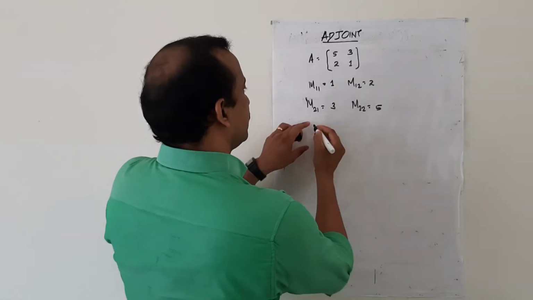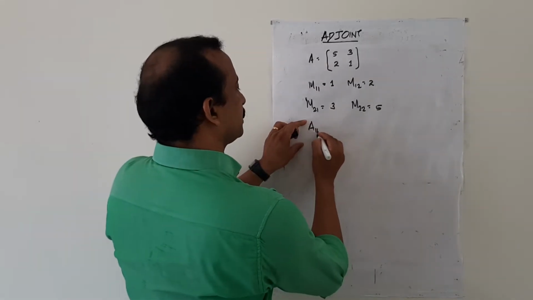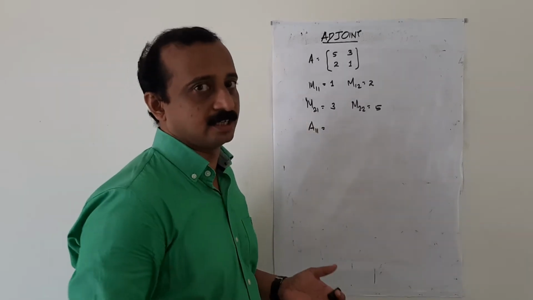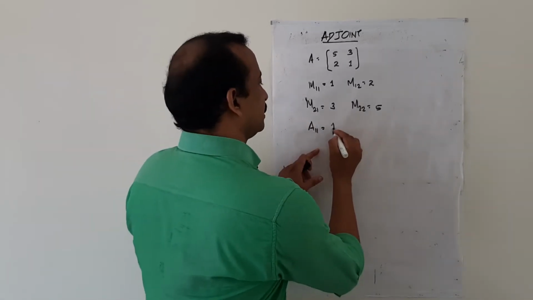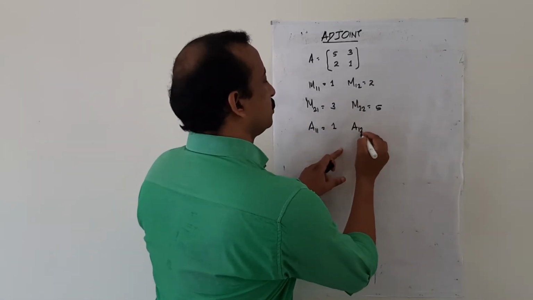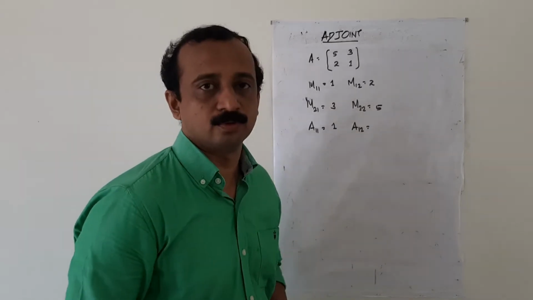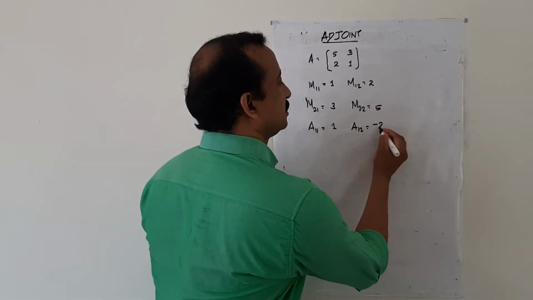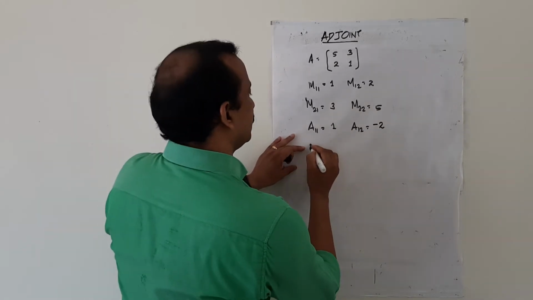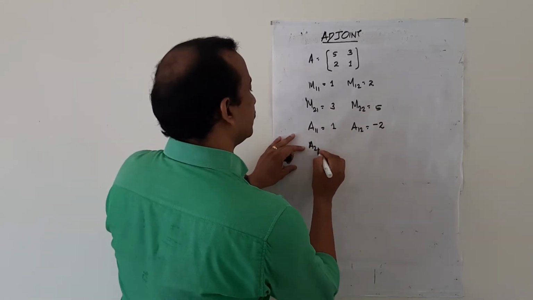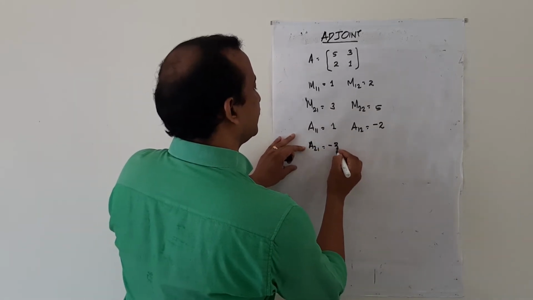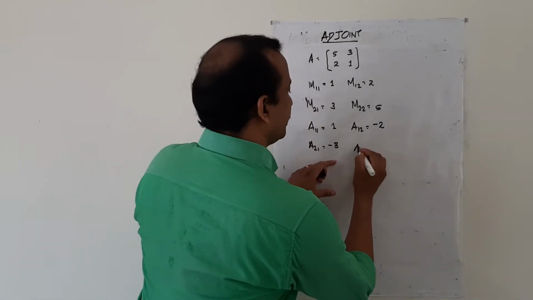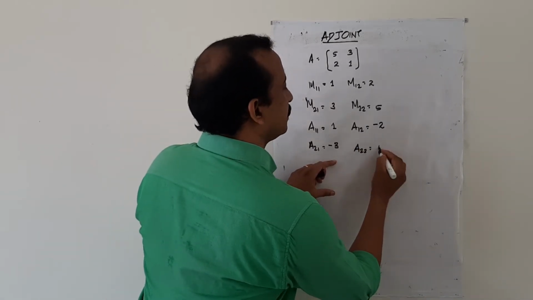That's a minor. Now, their corresponding cofactor, A11. 1 plus 1 is an even number, so we get the same minor. Then A12, 1 plus 2, number of rows and number of columns adding, we get odd number, so our sign changes, -2. Then A21, -3, and last A22, plus 5.